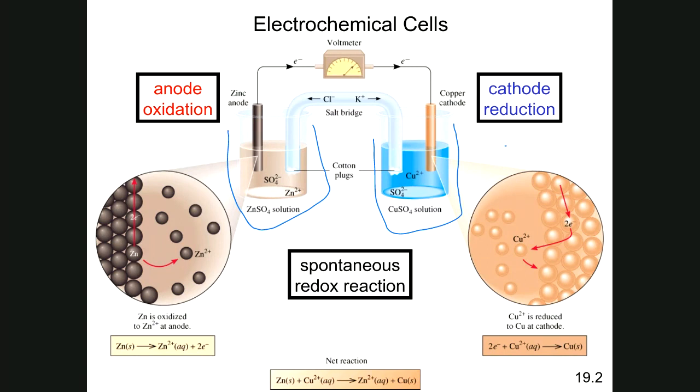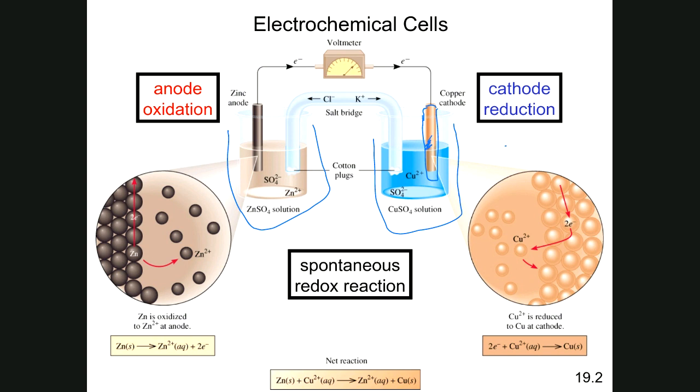You have two containers, or could be beakers, with the solutions. You have two electrodes. The nature of these electrodes depends on the reaction. So if your reaction is reduction of copper, this is going to be copper.